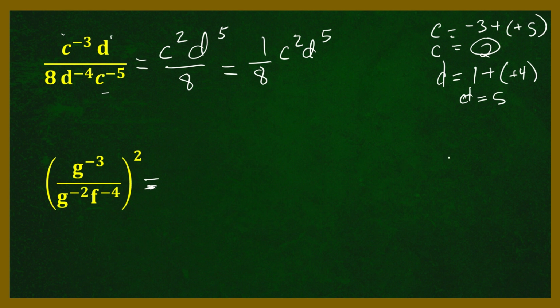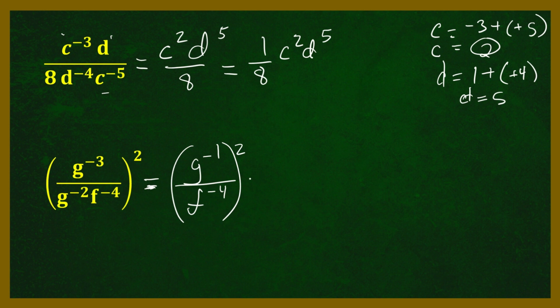So for G, when we subtract negative 3 minus negative 2, we get negative 1. So now we'll have G to the negative first power divided by F to the negative fourth power, all squared.